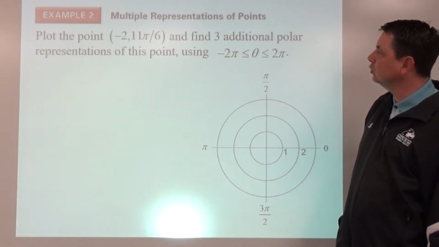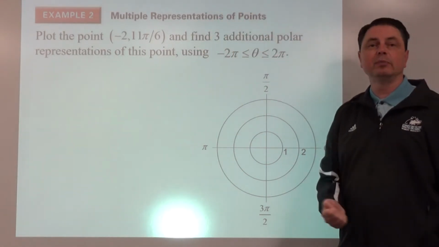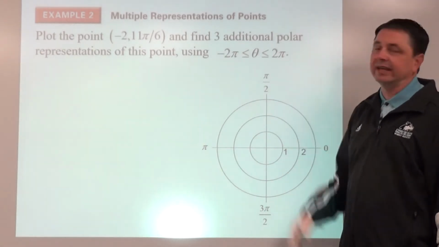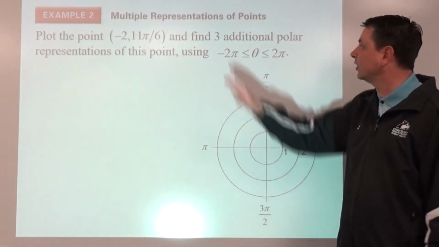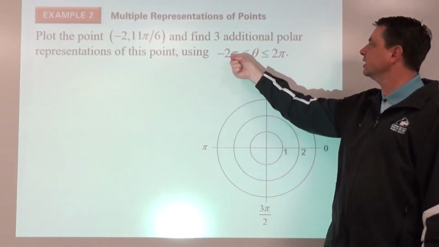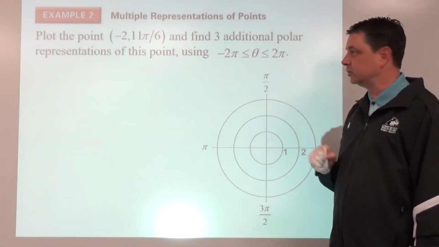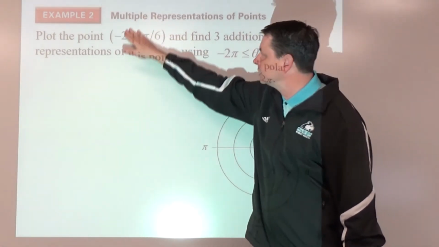Example number 2. See that there would be multiple representations in the polar coordinates for the same point. So let's go ahead and plot this point and then come up with 3 additional ways to represent that under the condition that our angle has to be between negative 2 pi and positive 2 pi. So first of all, where is this? Start at the angle.